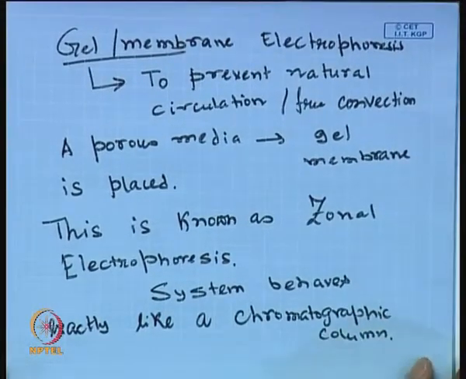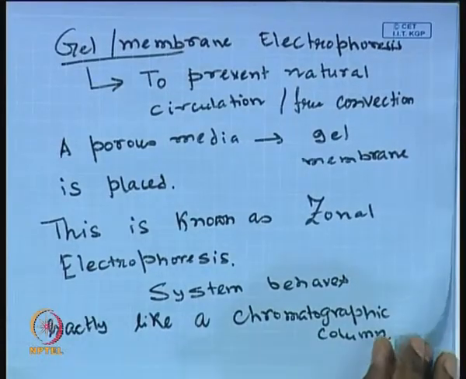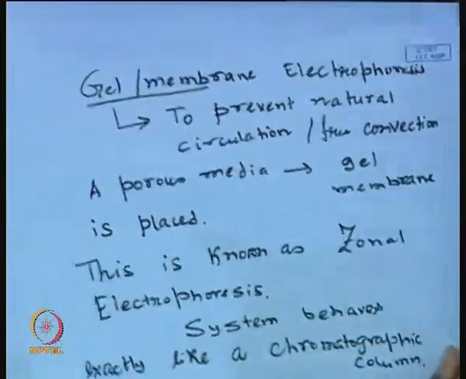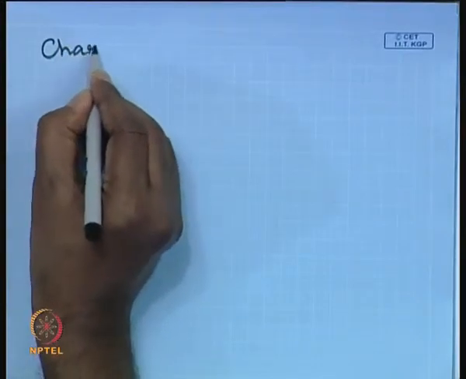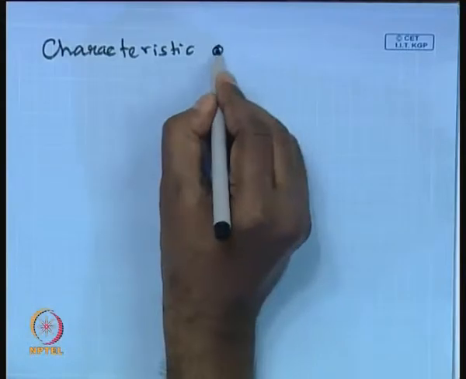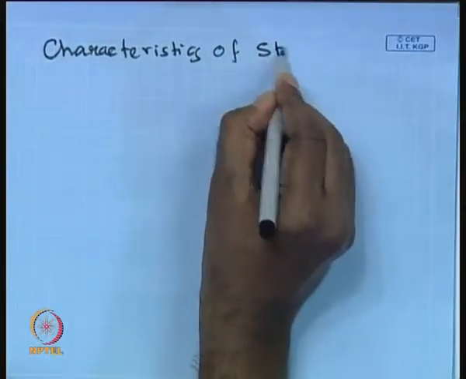Okay. And therefore, this stabilizing agent or the gel that you are going to use in the system must have some desired properties. Now, let us tabulate these desired characteristics of the stabilizing media.